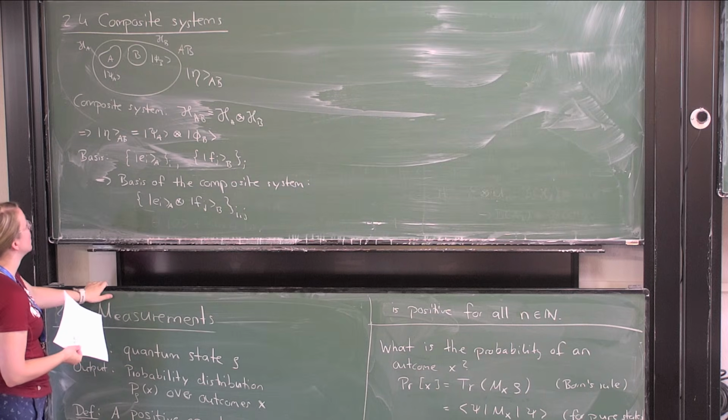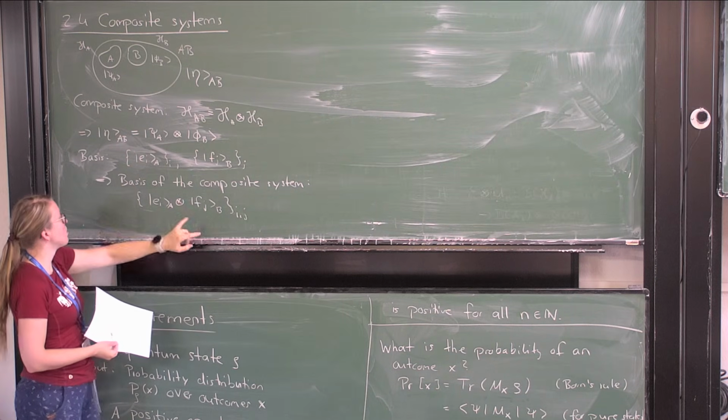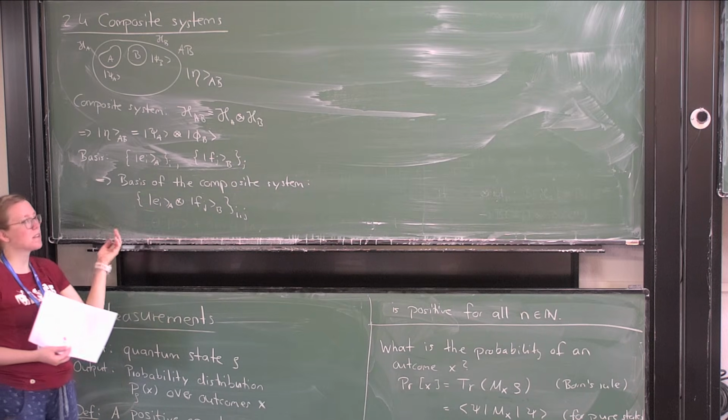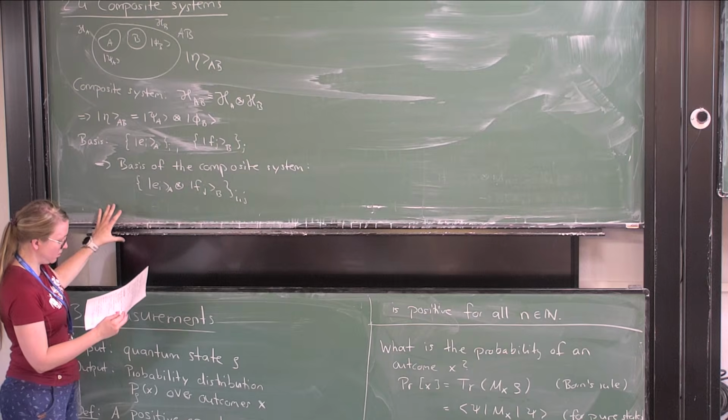That also shows that the dimension of the composite space is simply the product of the dimensions of the individual ones, because just from the construction of the bases we can see that.